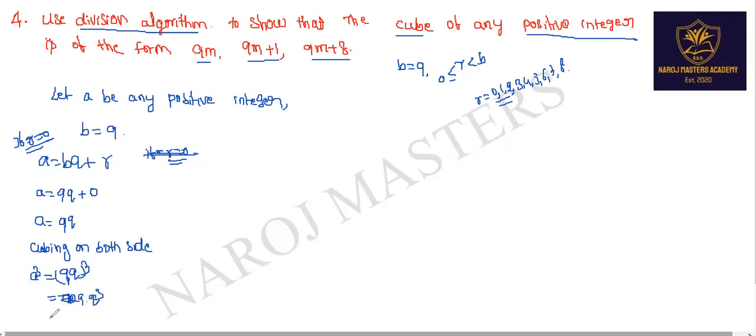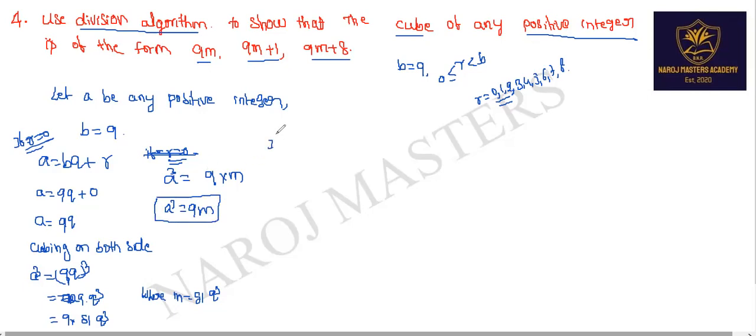Can I write 729 is equal to 9 into 81? So 81 q cube. Here assume this, where m is equal to 81 q cube. Okay. Then a cube is equal to 9 into m. Is it correct? So a cube is equal to 9m.